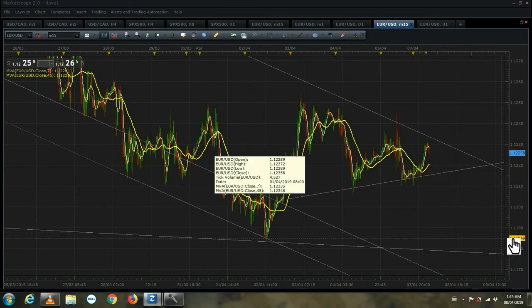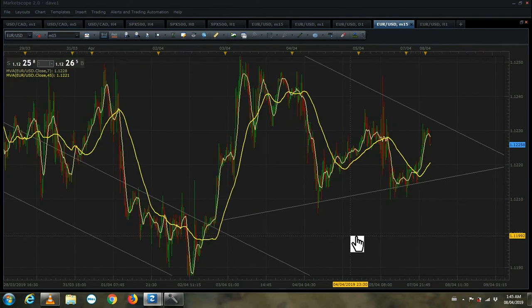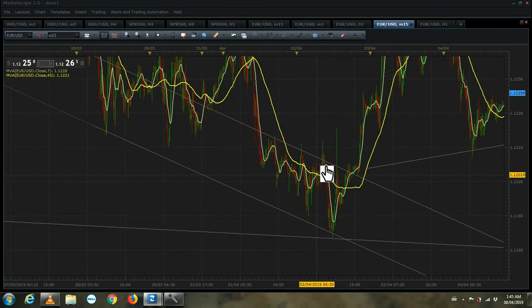Alright, so I got these moving averages in here now, and you'll see how they're crisscrossing here on the 7 a lot.